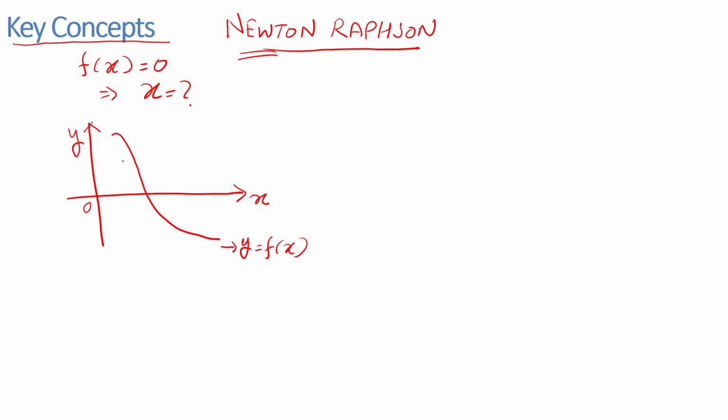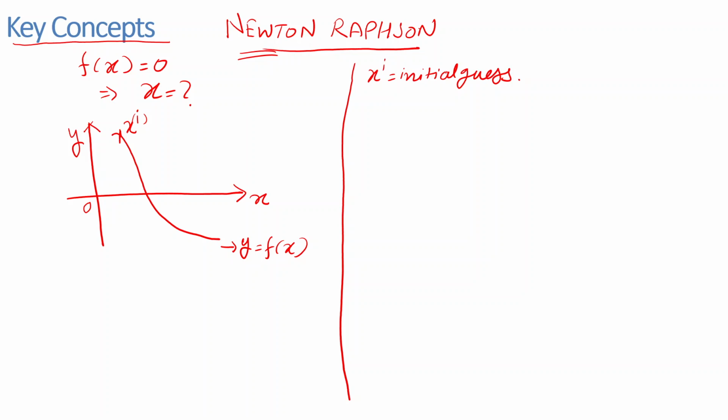So in Newton Raphson method, as in fixed point iteration method, I will be starting at some initial guess xi. So xi is my initial guess.